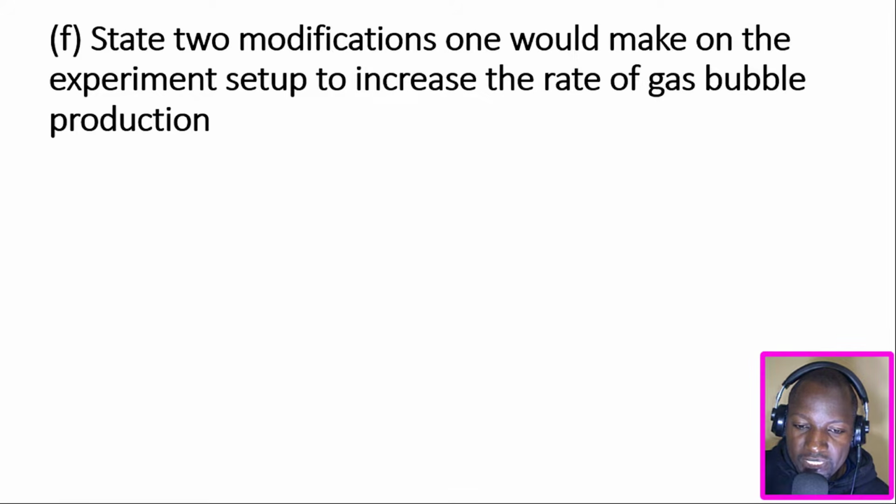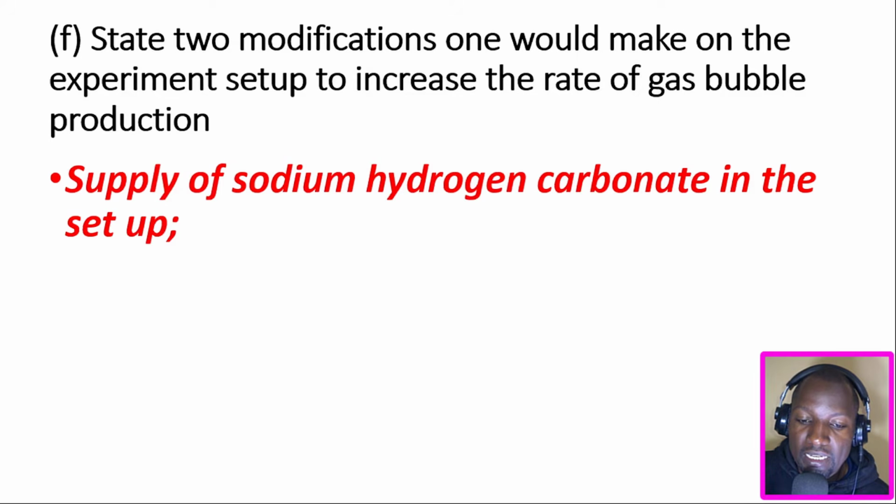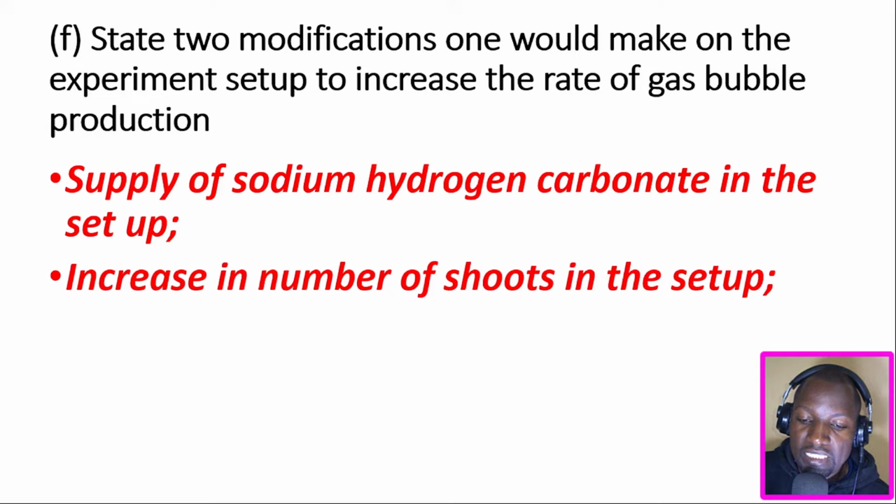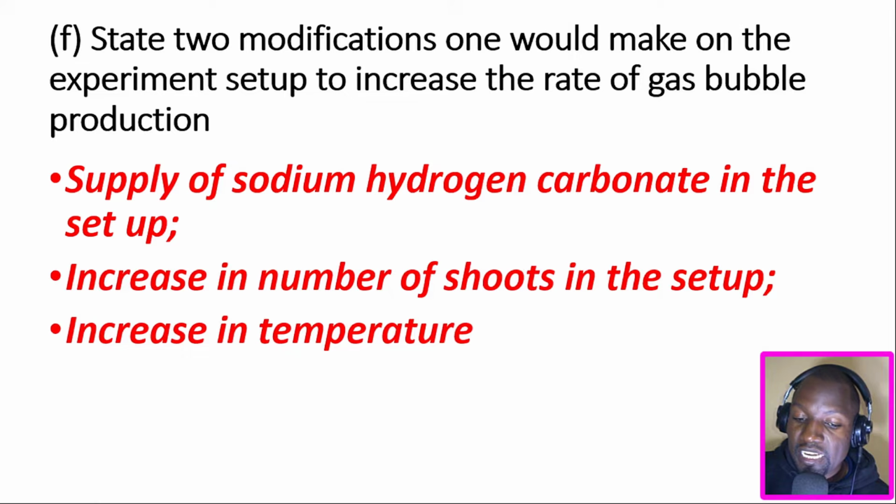Question number F: state 2 modifications one will make on the experimental setup to increase the rate of gas bubble production. Number one is supplying sodium hydrogen carbonate in the setup. Number two is to increase the number of shoots in the setup, and also to increase the temperature.